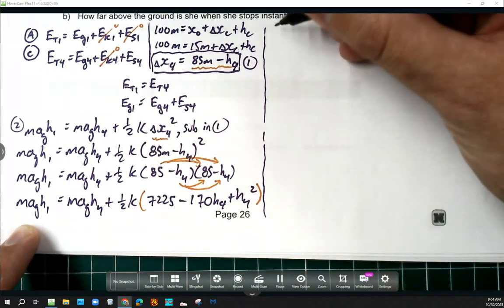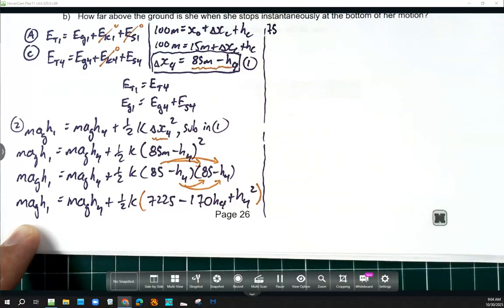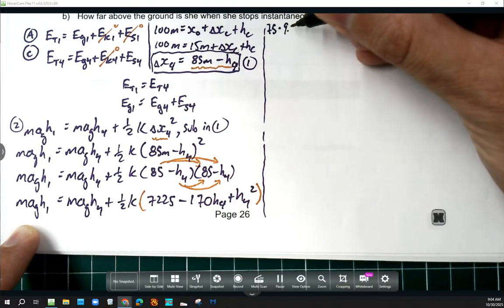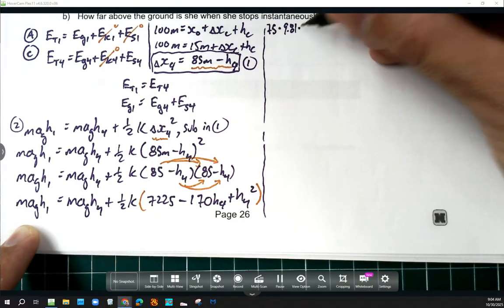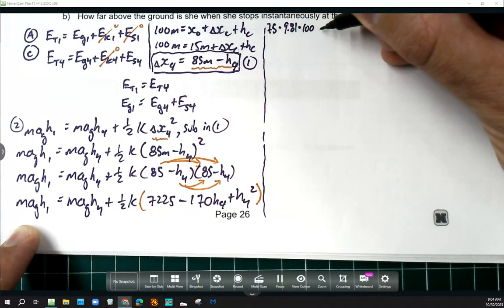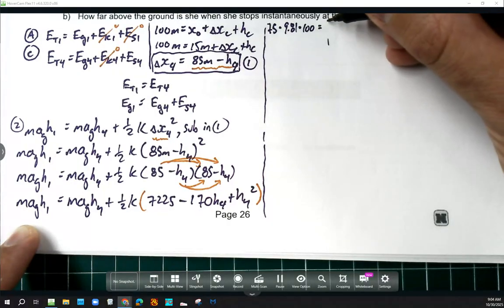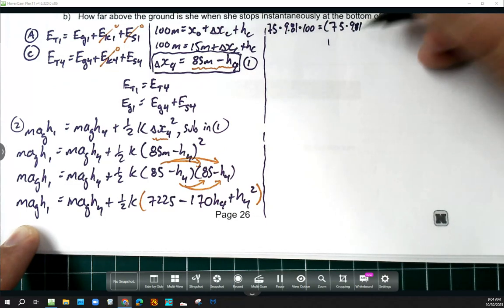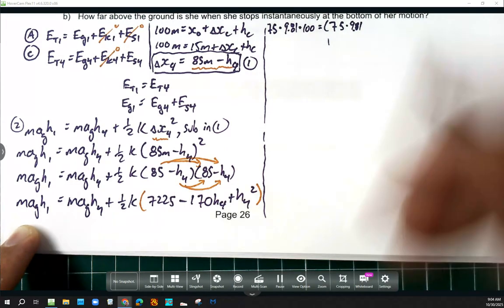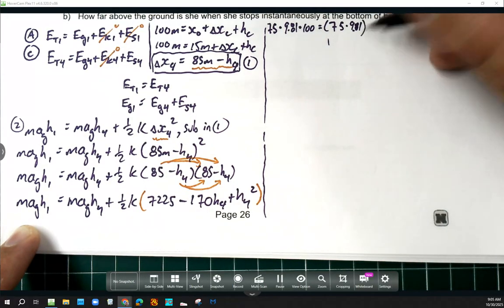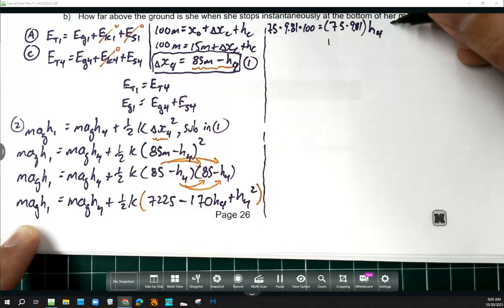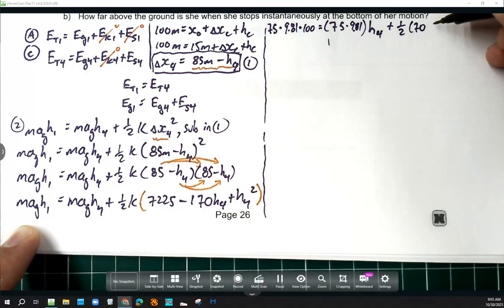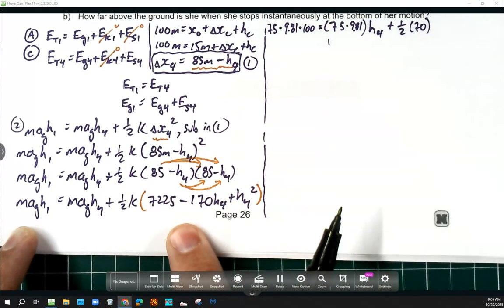So let's do it. 75 kilograms, I'm just subbing in for the mass, times 9.81 meters per second squared times H1, 100 meters, equals, on the other side, 75 kilograms times 9.81 meters per second squared times H4, because I don't know what H4 is, plus 1/2, the K was 70 newtons per meter, times this quadratic that we just expanded out.